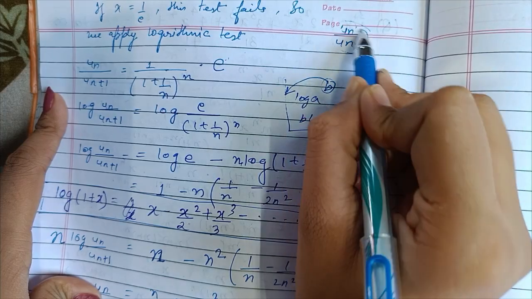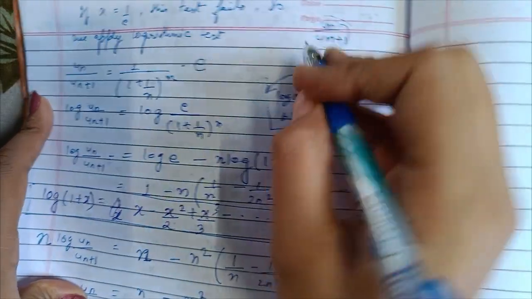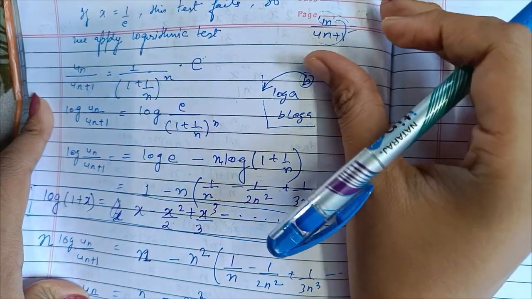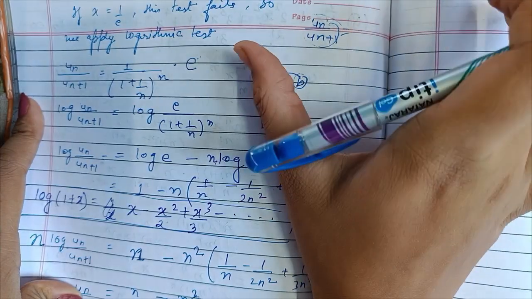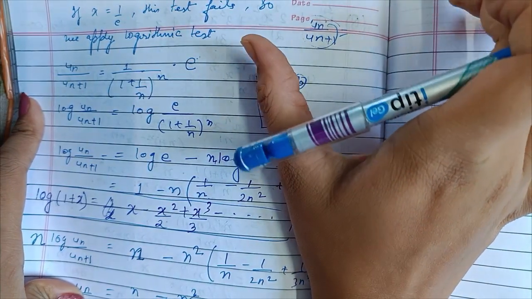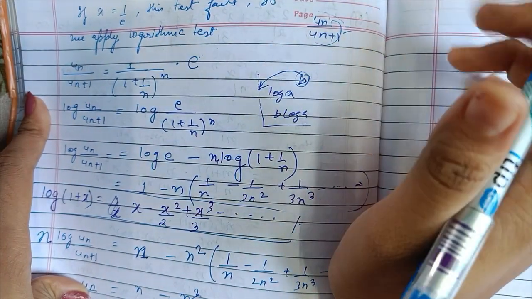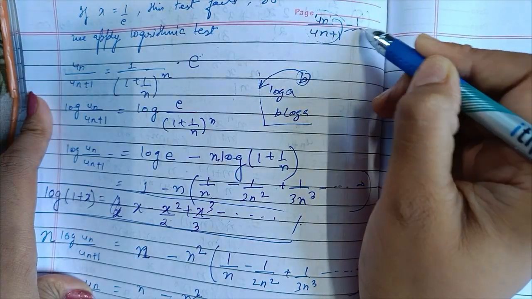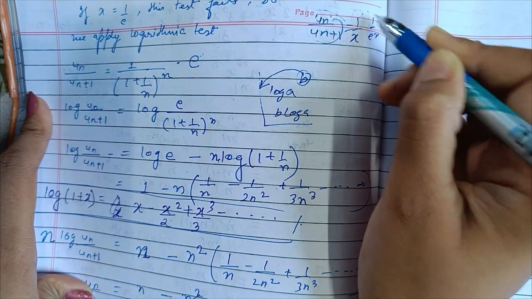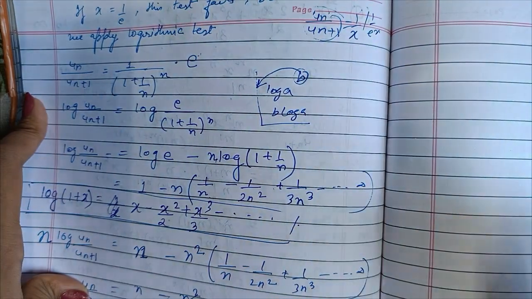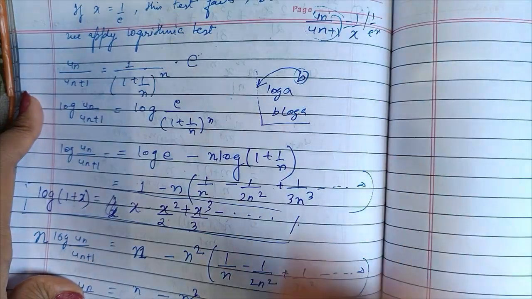Then if you are concluding with a finite number, that is very fine. But if you are not getting a finite number, instead you are getting some variable, like 1 by x or 1 by e to the power x, you can proceed with Raabe's test or logarithmic test.